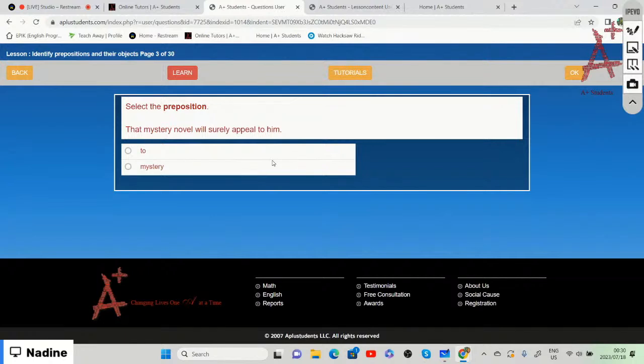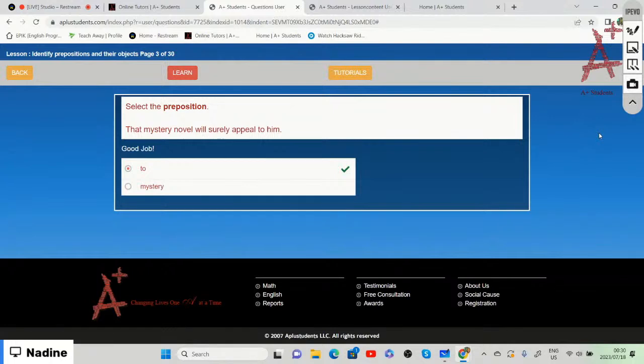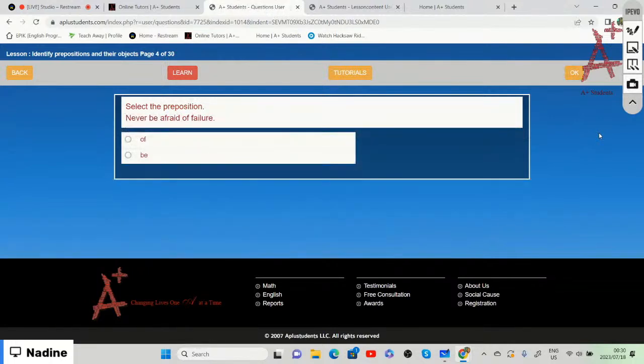All right, so if we were to choose the preposition within the sentence, then we will choose the preposition to, and it connects him, being the object, to the rest of the sentence.